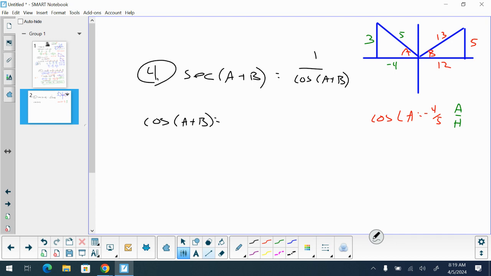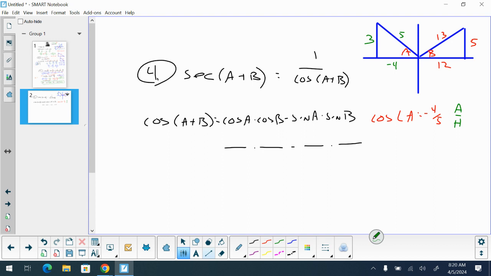So we have the cosine of A plus B that we now get off our formula sheet. We have cosine A, cosine B, minus sine A, sine B, and we just start finding our values up there.